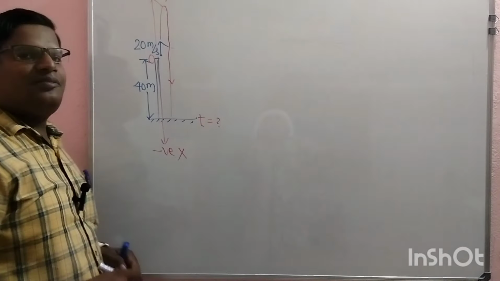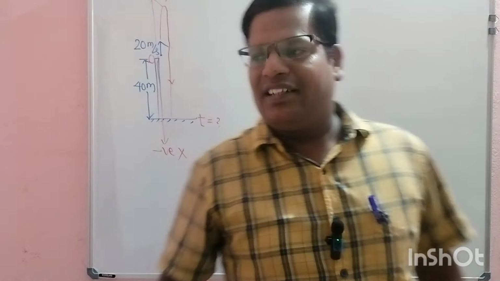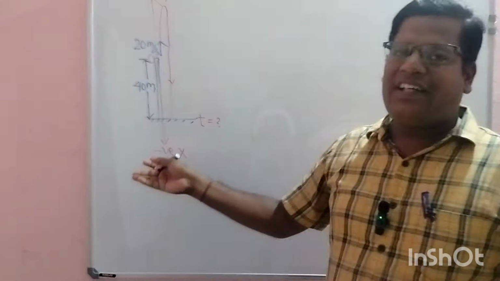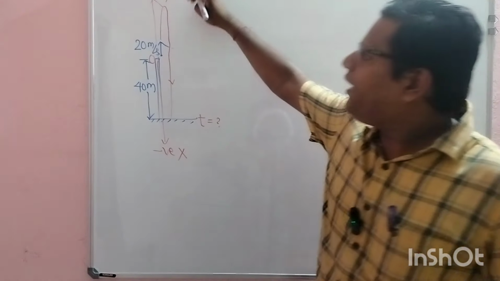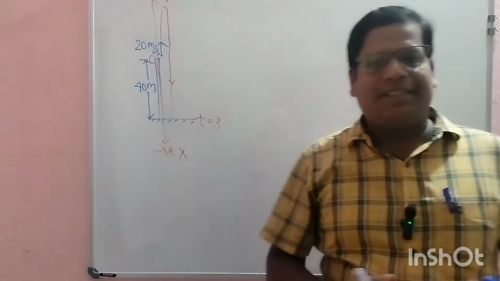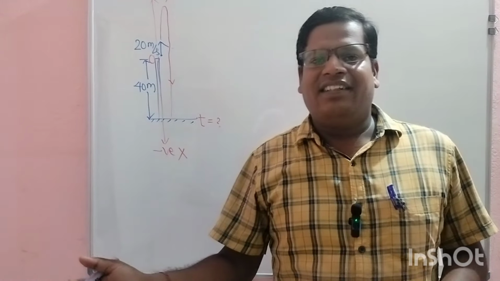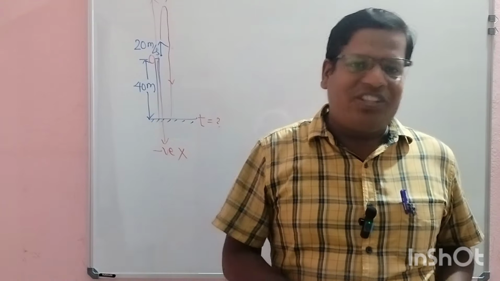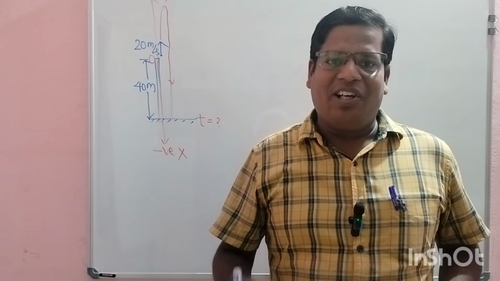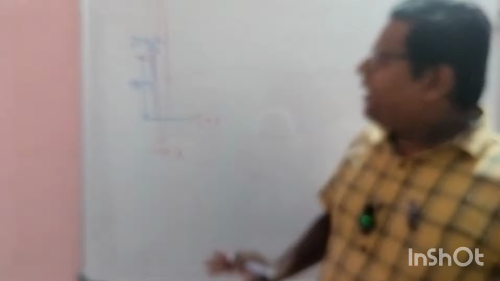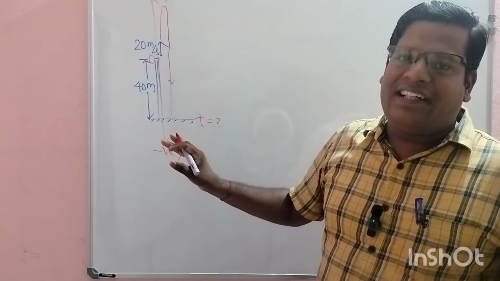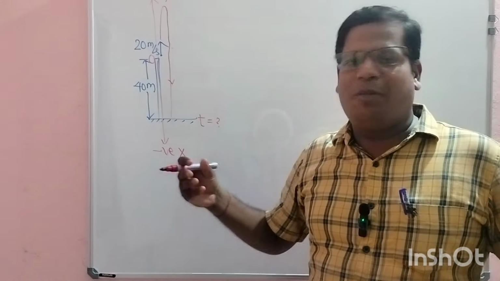I could have chosen downward as positive and upward as negative. This is purely a matter of choice, and depending on this choice, we have to take g as positive or as negative.